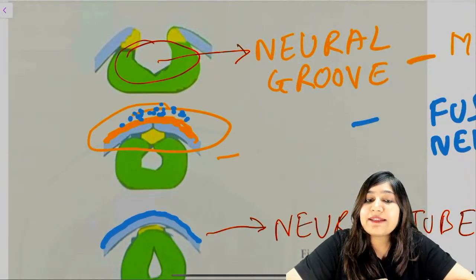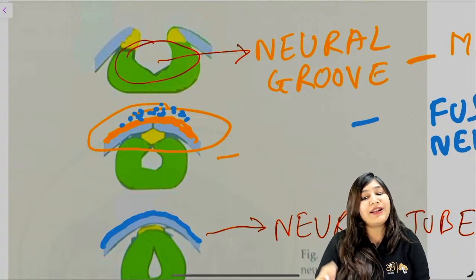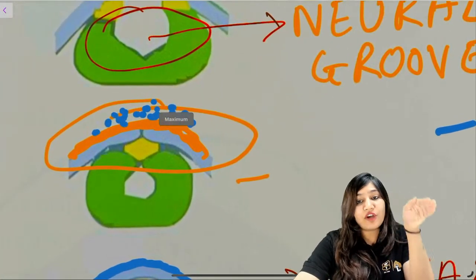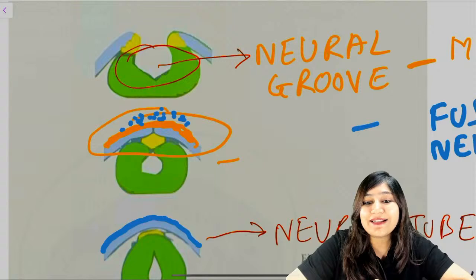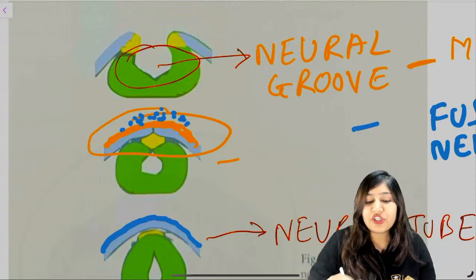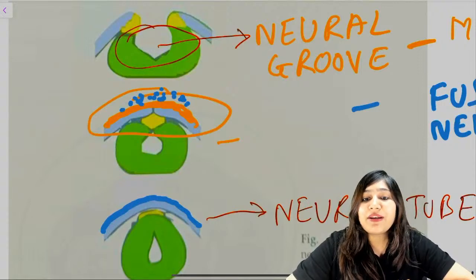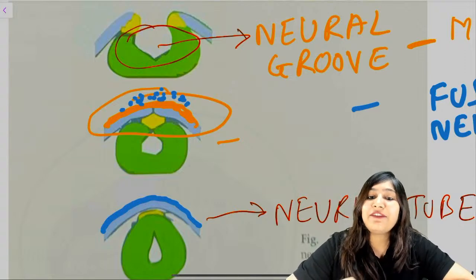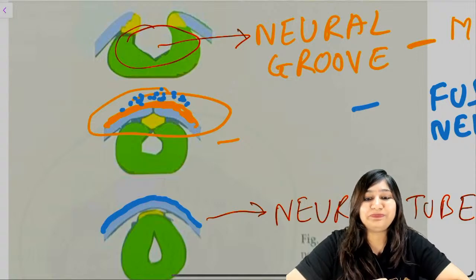This group of cells differentiated at the crest of the neural folds are our neural crest cells, which are involved in the formation of tooth. They basically form all the tissues of the tooth except enamel.